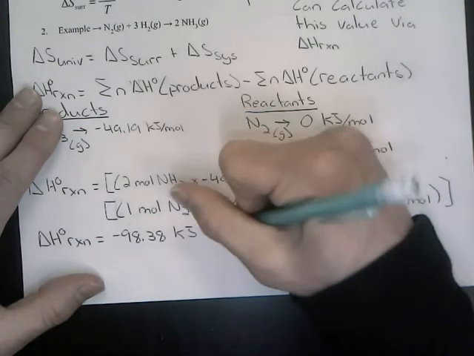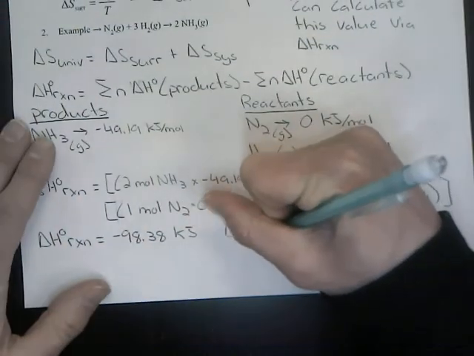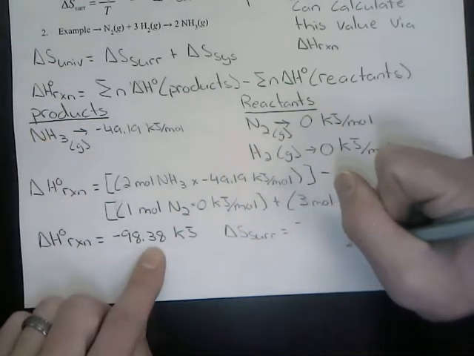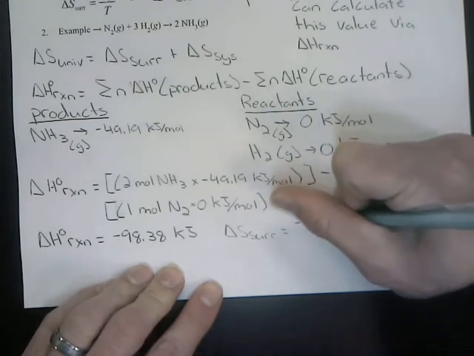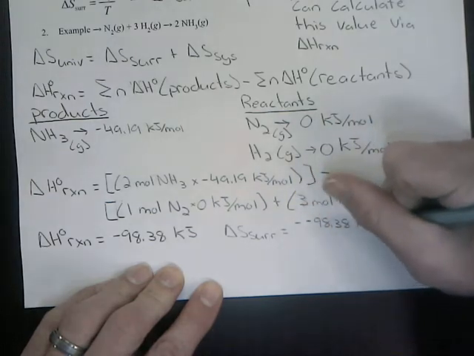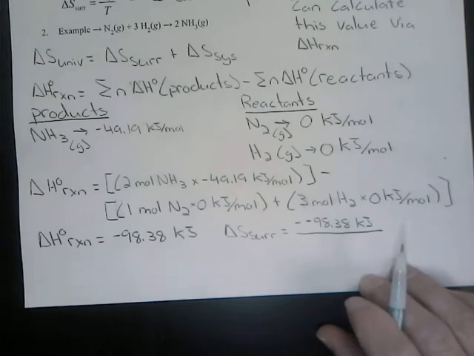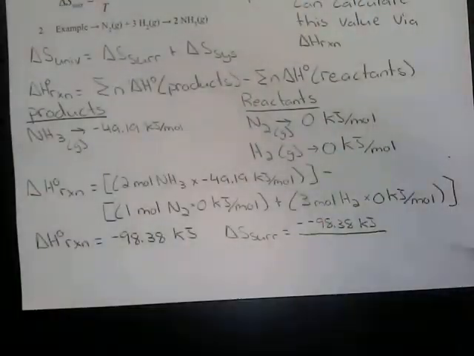Now, we still need to find the delta S of the surroundings. The delta S of the surroundings is negative the value we got here, so negative 98.38 kilojoules per the temperature. Remember, this was under standard conditions, so we are at 298.15 Kelvin.